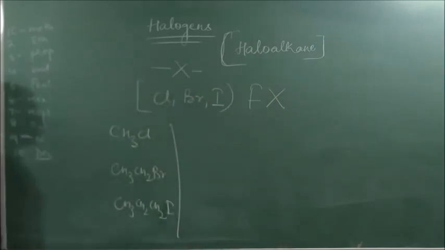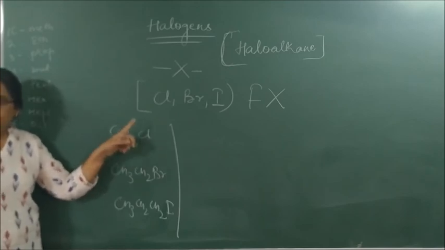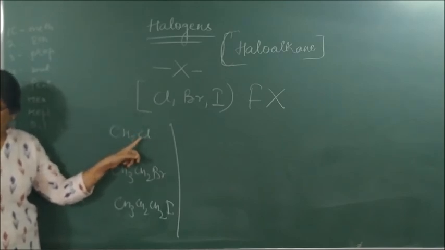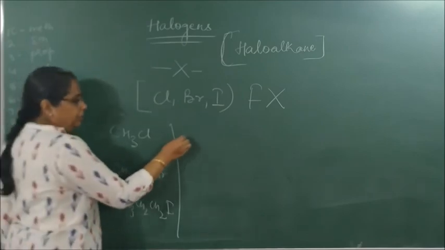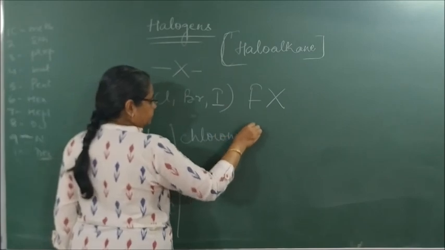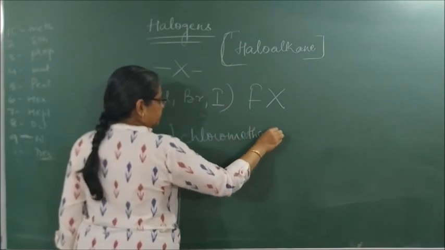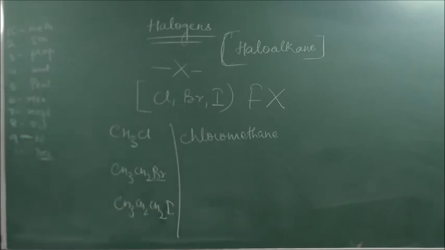So now, which halogen are we using? Chloro. So halo becomes chloro. How many carbon atoms? One. So what will be the name? Chloromethane. Which halogen are we using in the second one? Bromine.